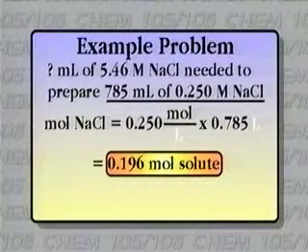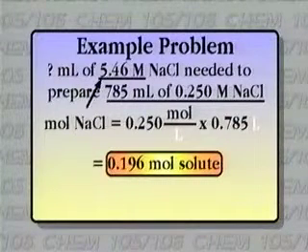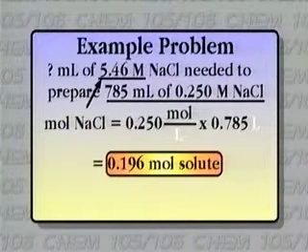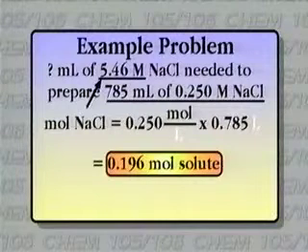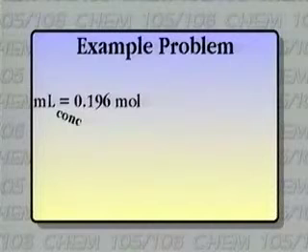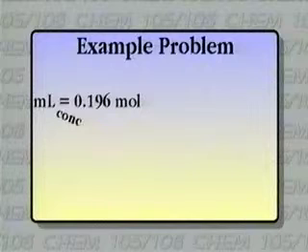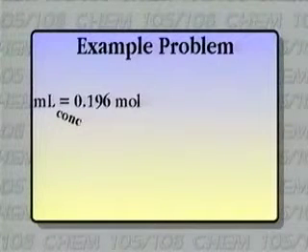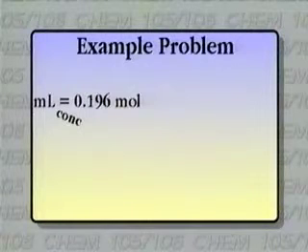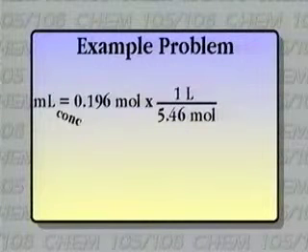The question then is, what volume of this solution would I need to take to get that number of moles of solute? So the question we're really asking is liters of the more concentrated. 0.196 moles is what we need, and our concentration tells us that 1 liter of our starting solution contains 5.46 moles.